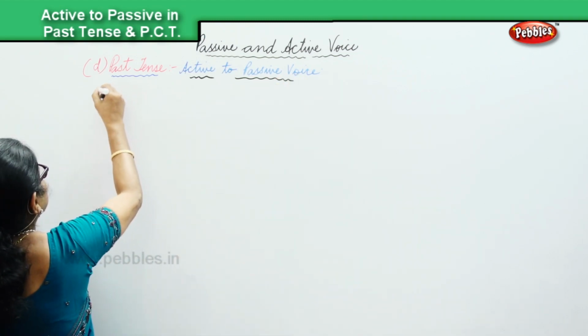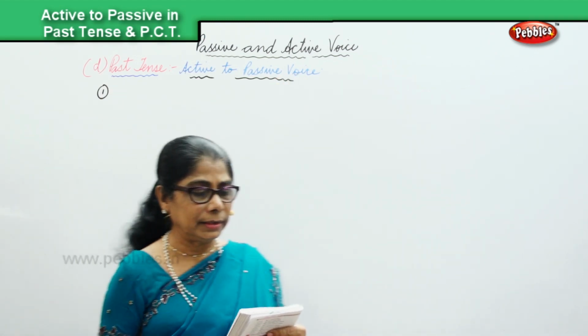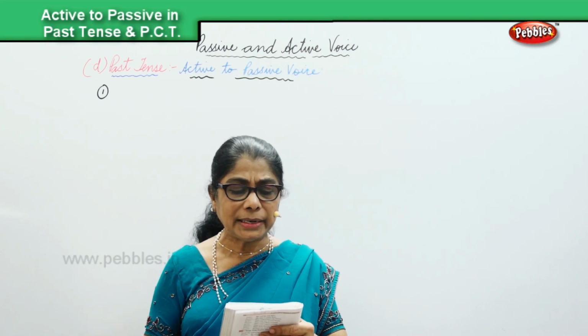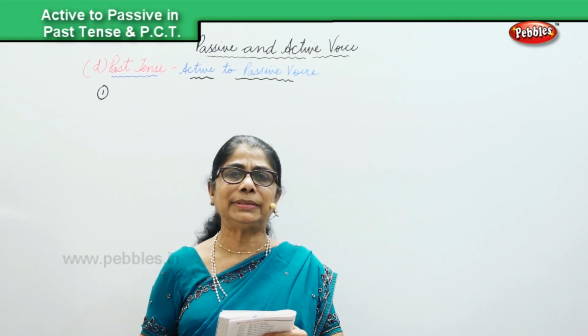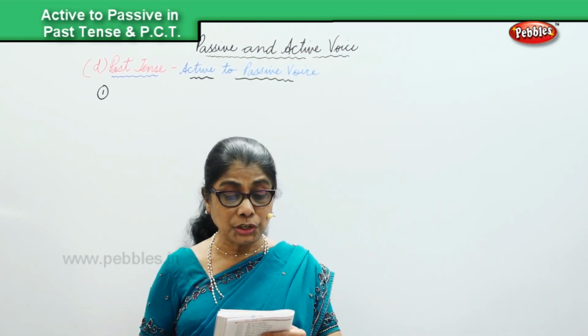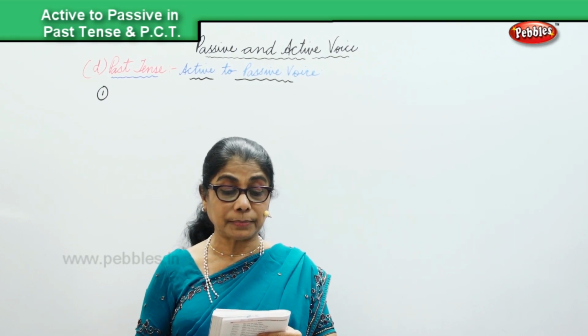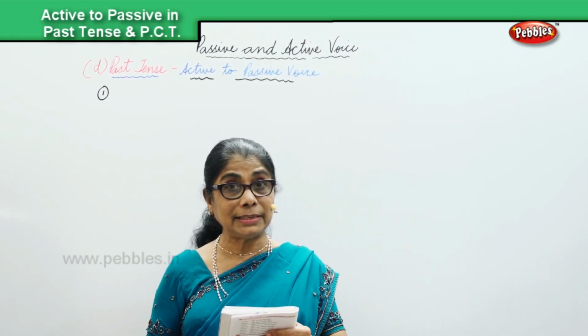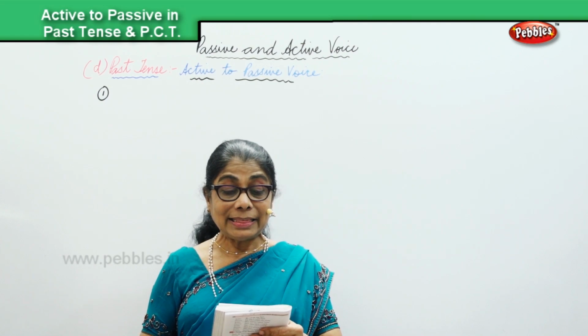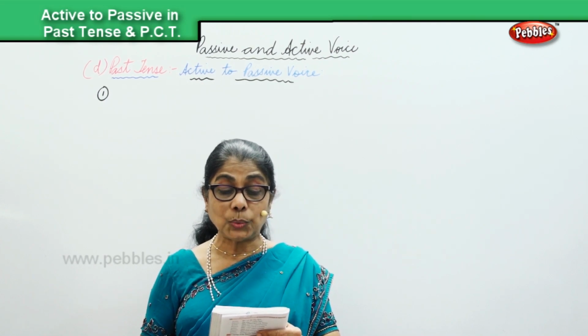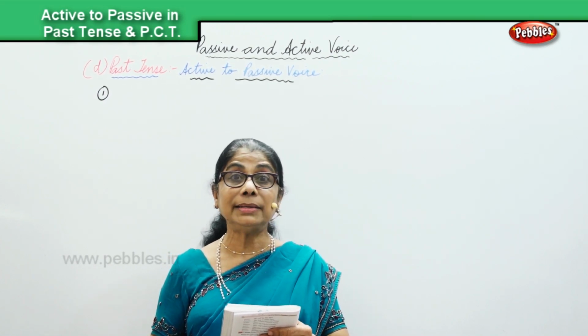Okay, the first sentence I have here is, the teacher punished all the pupils. That's active. So in the past tense, it will be, all the pupils were punished by the teacher.